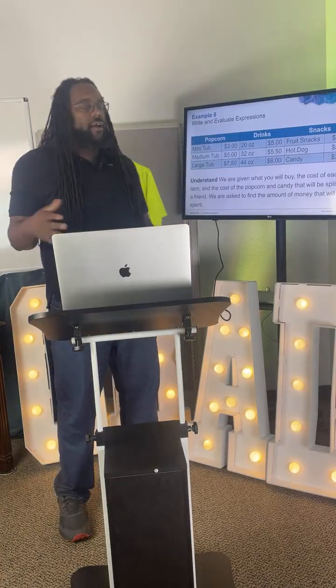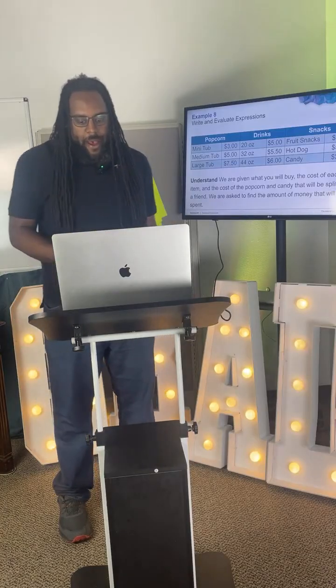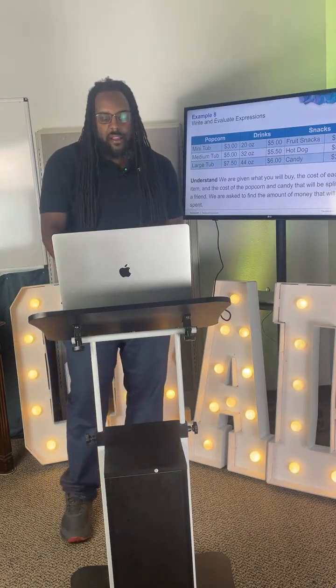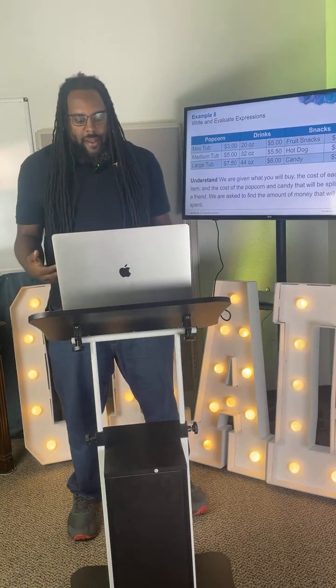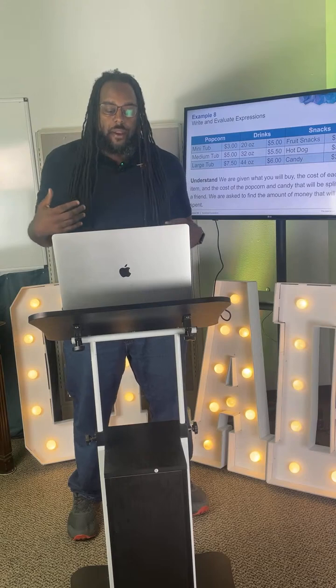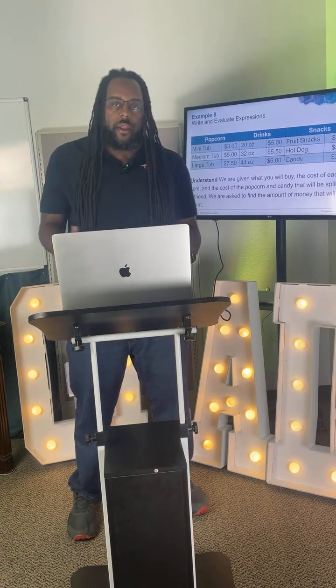So first, we got to understand this problem. We are given what you will buy and the cost of each item. The cost of the popcorn and the candy will be split with a friend. We are asked to find the amount of money that will be spent, so the amount of money that we need to bring.